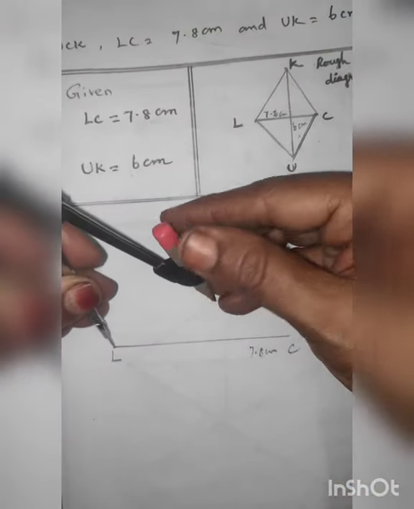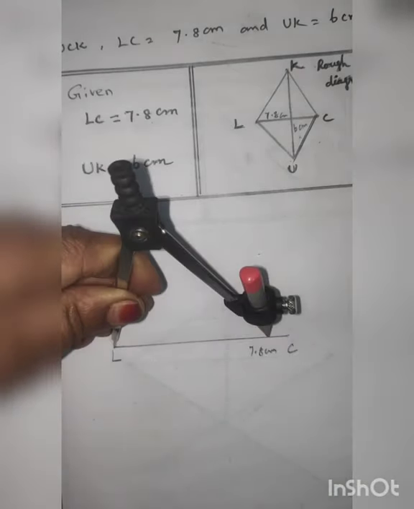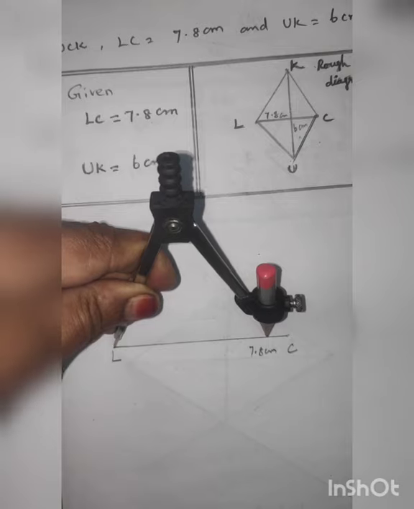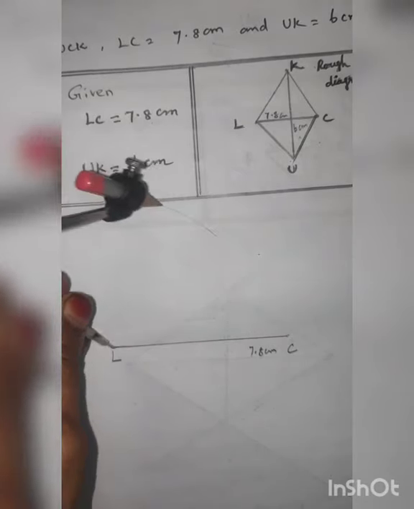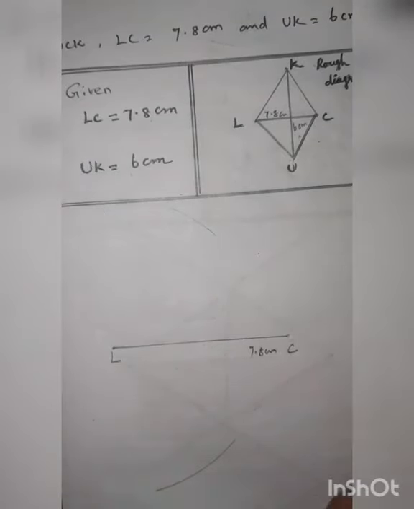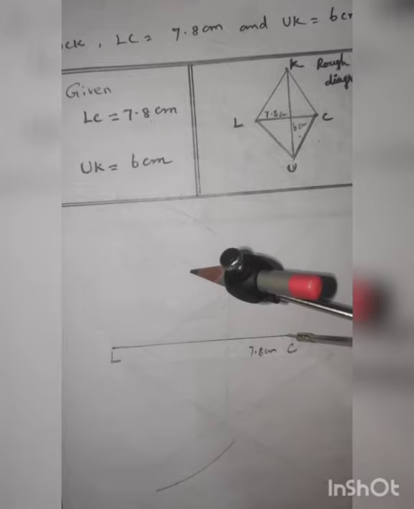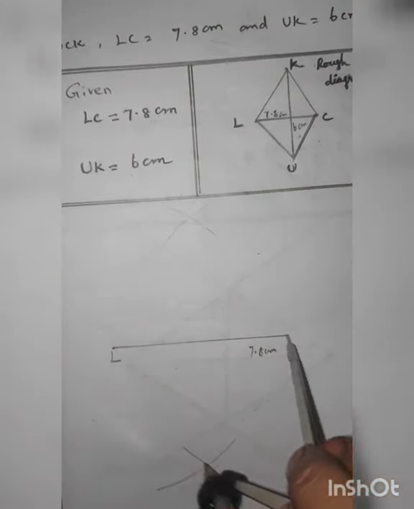Next work, listen very carefully. More than half, as in 7th standard, the time you studied bisecting the angle, draw the same here. More than half means how much? This much you take and cut from L one arc up, one arc down.